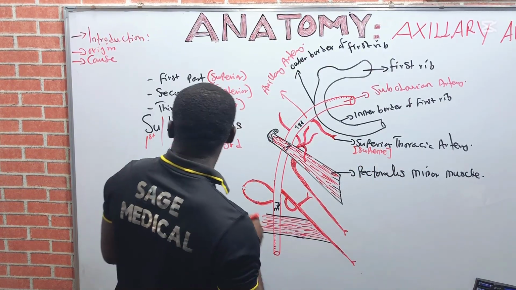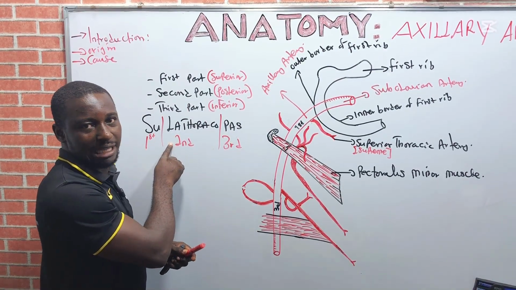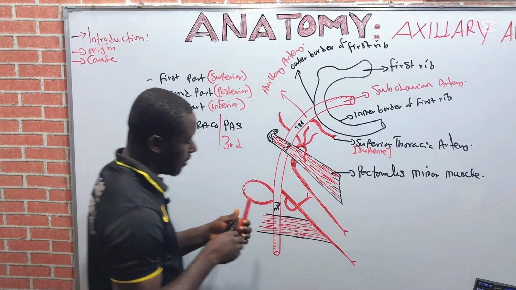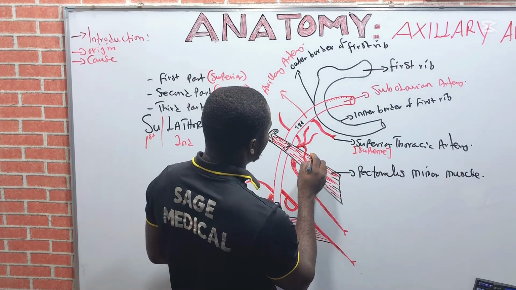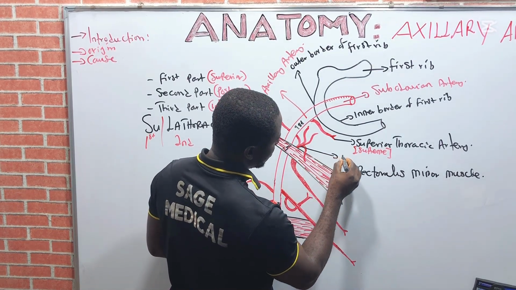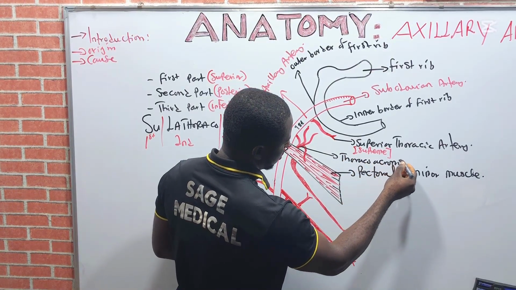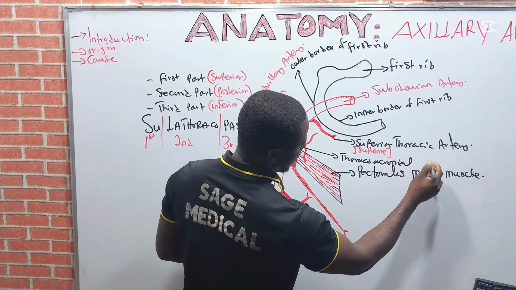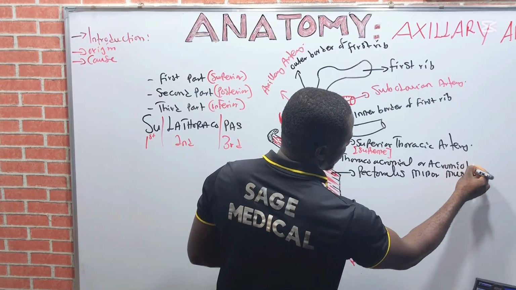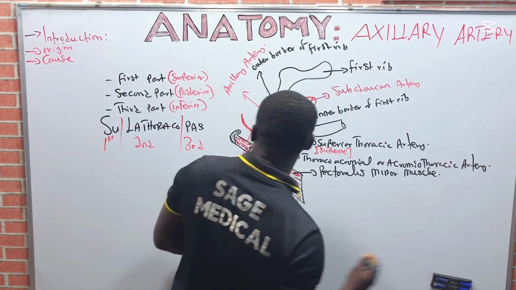So the next branch we shall be discussing is the branch from the second part, where we have the thoracoacromial artery or the acromiothoracic artery.